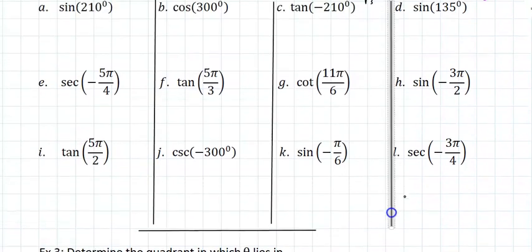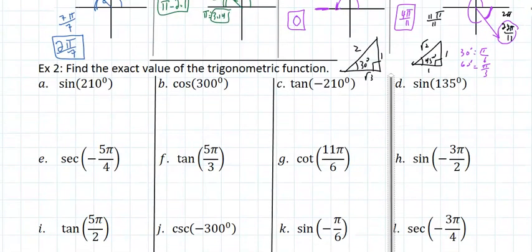Again, this is roughly a third of what you need out of this class. 210 degrees, I really don't need to figure out a lot. I just need to figure out the reference angle. Why is that? 210 degrees is in this quadrant. There's the triangle. 210 degrees has a reference angle of 30 degrees. It's right there.